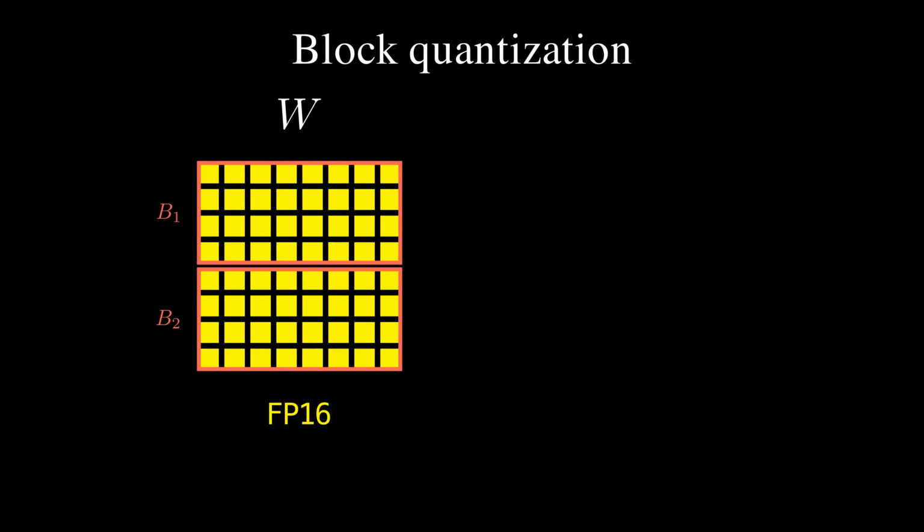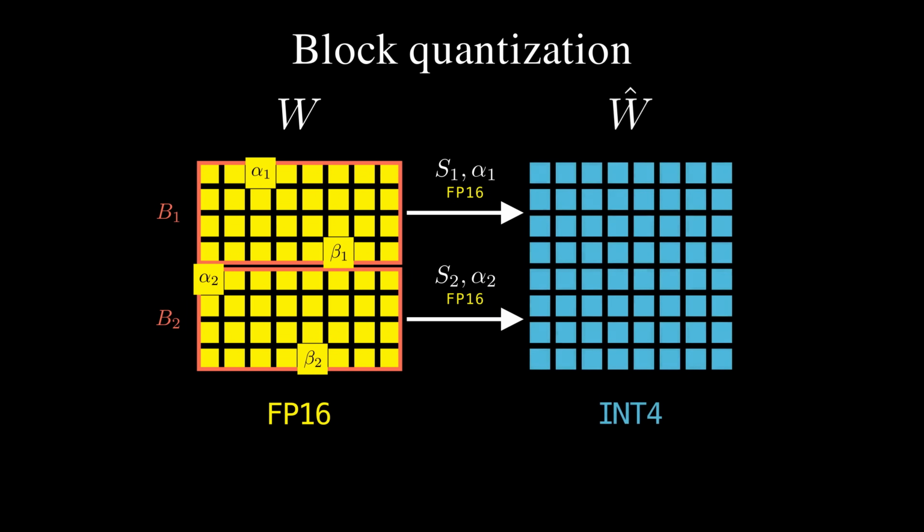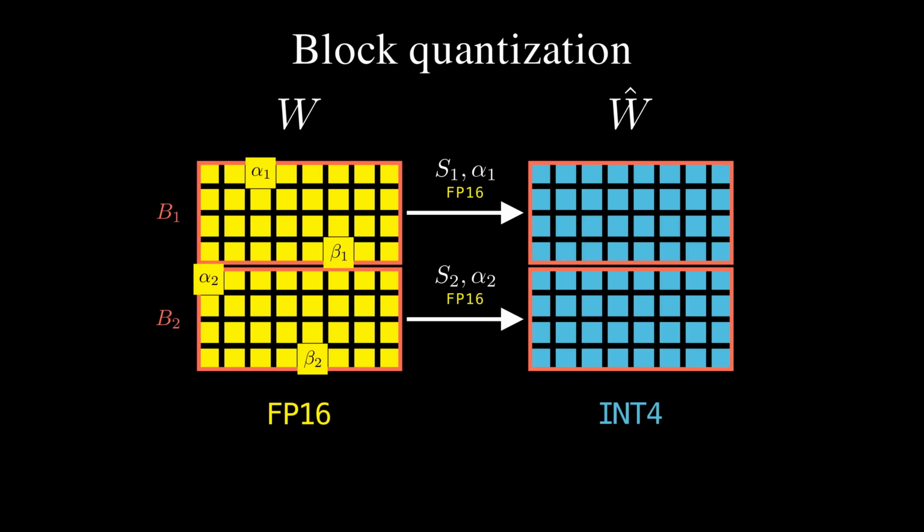Independently in each block, we'll find the minimum value alpha and maximum value beta. Based on these, we'll calculate separate scales S for each block and apply quantization. So, in the final checkpoint, we'll store the int4 matrix together with two sets of quantization constants in floating point 16 precision.